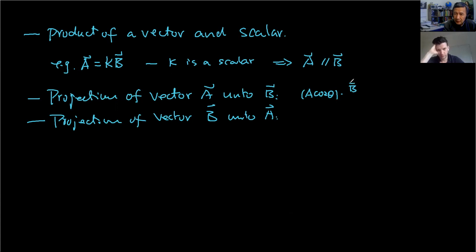That's B divided by the B magnitude. So this would be B cosine theta, and A amplitude. That is the only difference; the direction is different. So if we know what a projection is, then we can define the dot product.